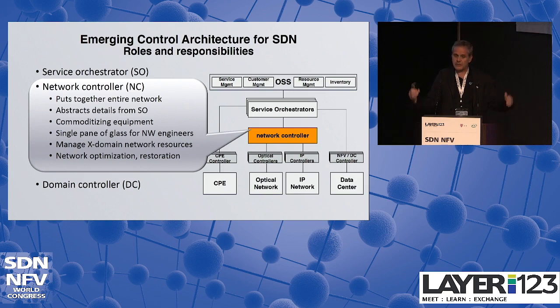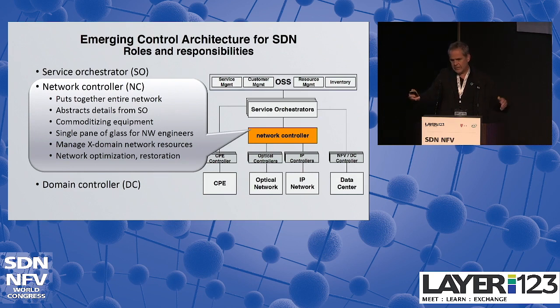And it abstracts that complex network structure to the orchestrator so that the orchestrator doesn't have to worry about network details. And again, most orchestrators don't want to worry about network details. And it provides us a single pane of glass for network engineers to understand what happens in the network end-to-end.